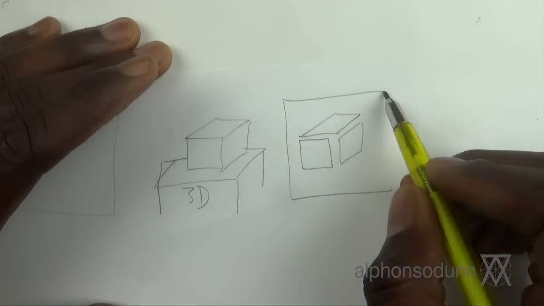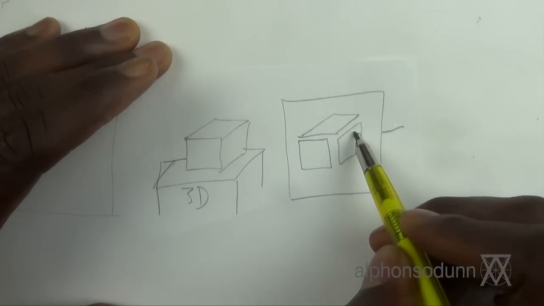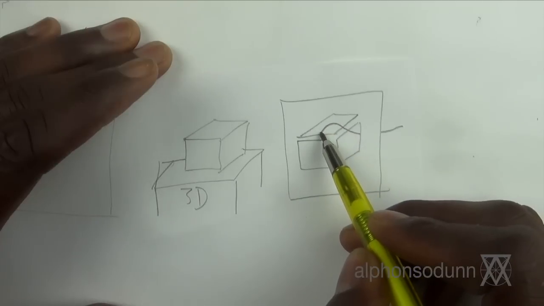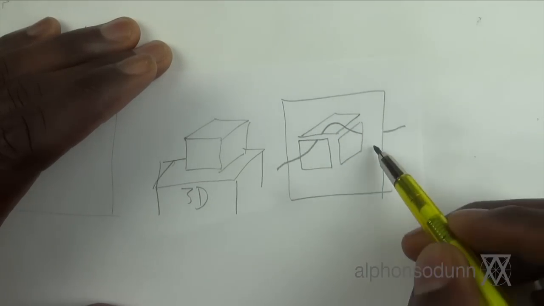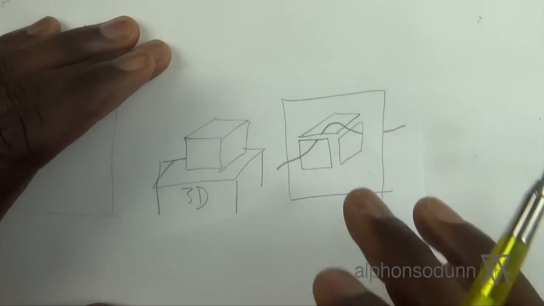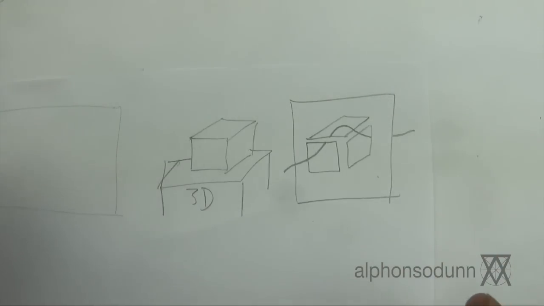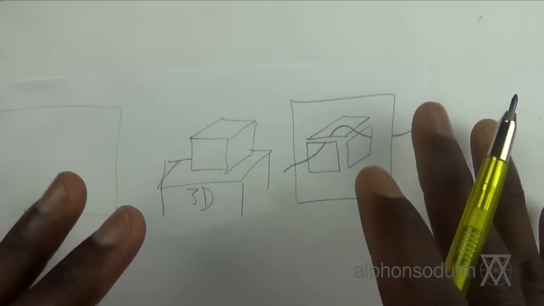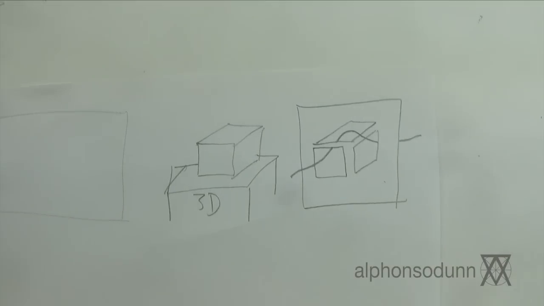Just to give you an idea, it's almost like you see them as holes in a piece of paper or something like that. See what I mean? They're holes in this piece of paper. You have to be able to be that flexible in how you perceive things, because it really helps in breaking things down and simplifying things, so you're not overwhelmed by the complexity of whatever you draw.